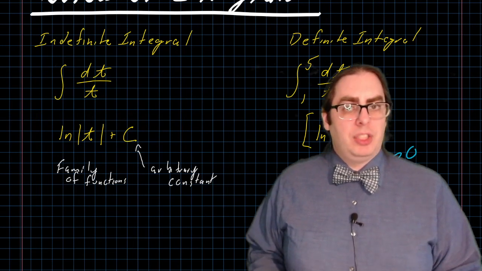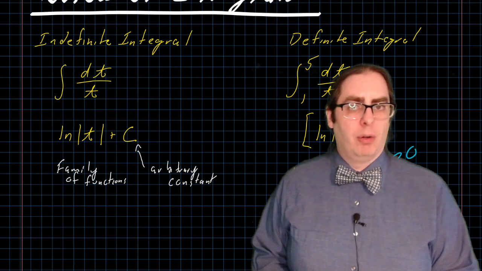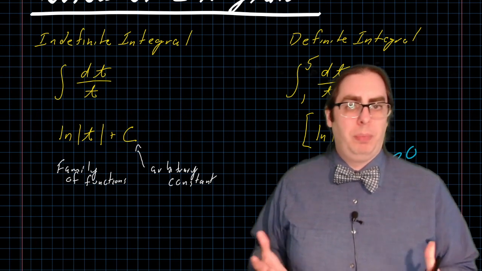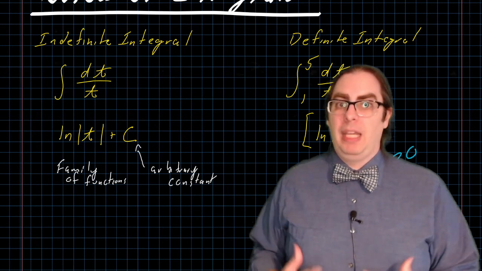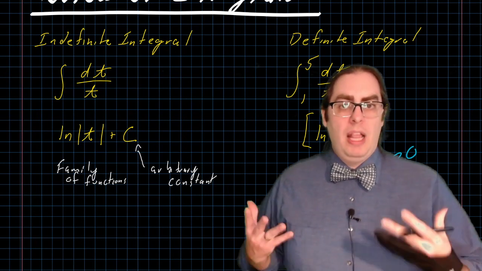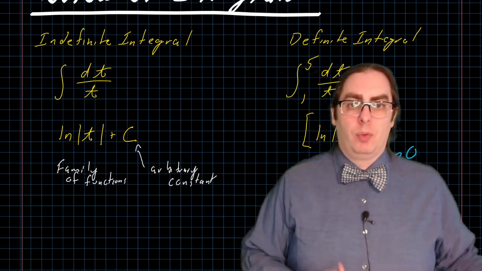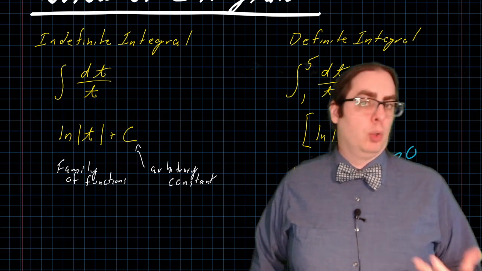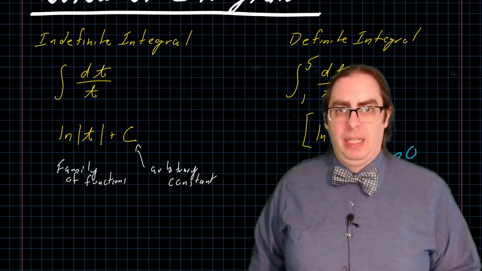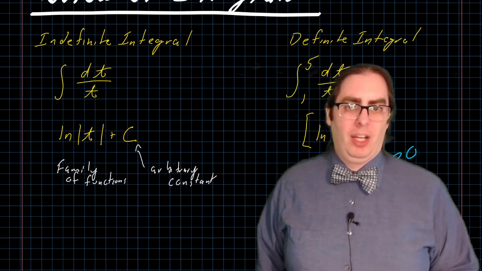When it comes to actually evaluating integrals, we have a couple of powerful tools. Of course, being able to identify an antiderivative is important. Being able to look at something and say, oh, this is a thing who shows up when I take the derivative of natural log, or when I take the derivative of tangent, or whichever function it might be. But that's certainly not the only thing that we have at our disposal.